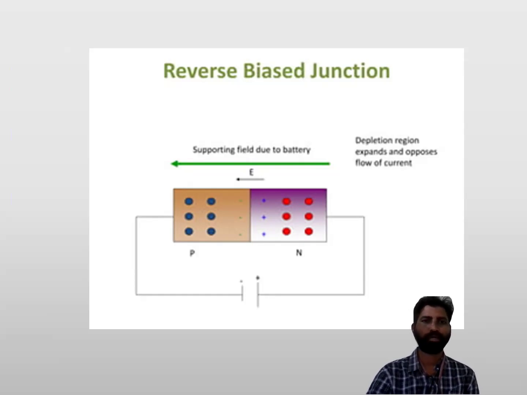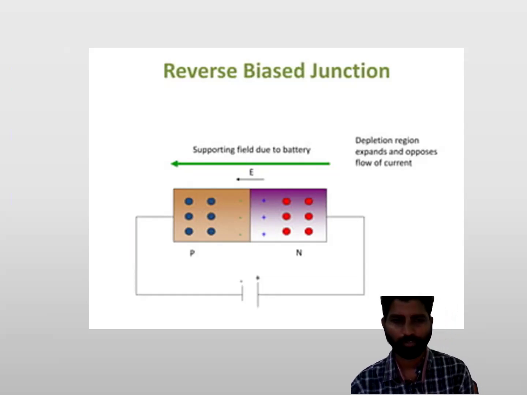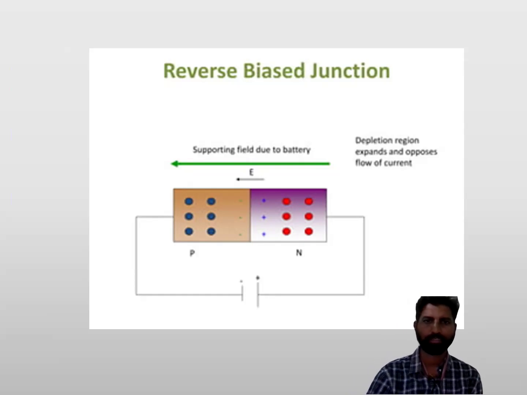As the positive voltage is applied to the N material, this gives the supporting voltage to the depletion region. Due to this, the depletion region will expand and opposes the flow of current.